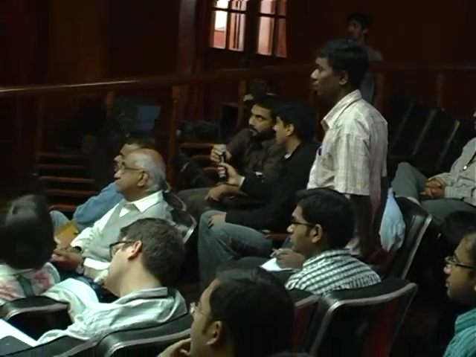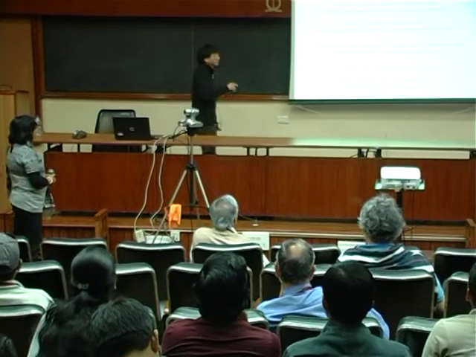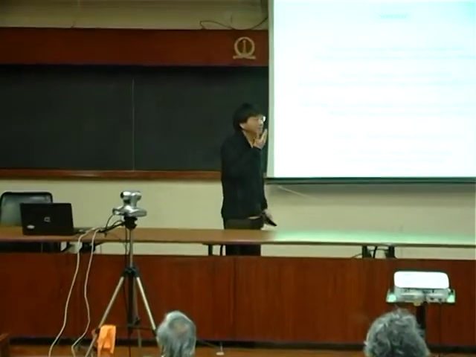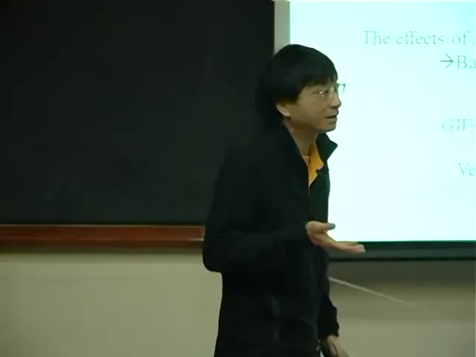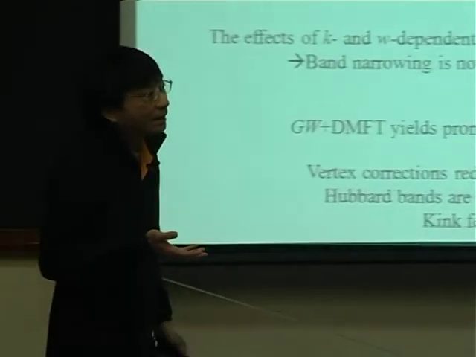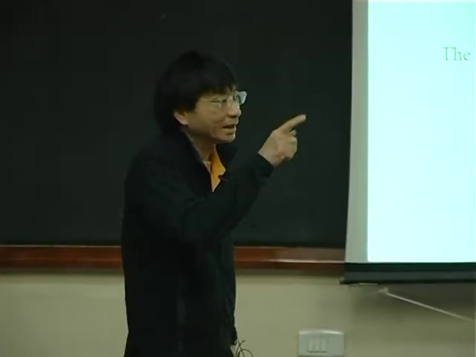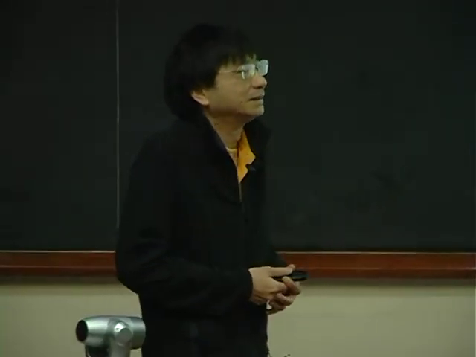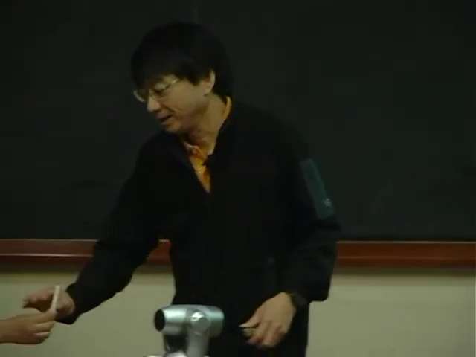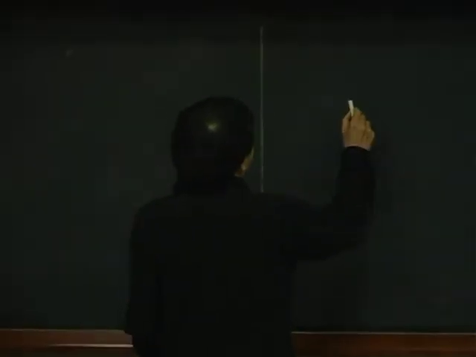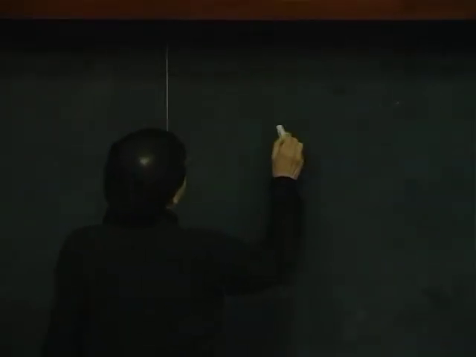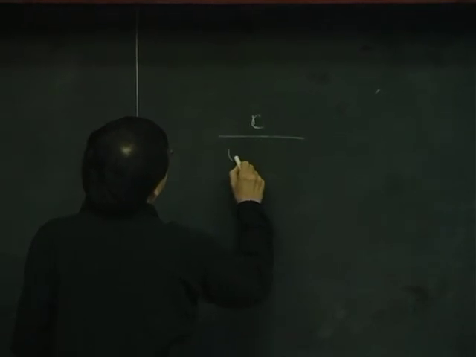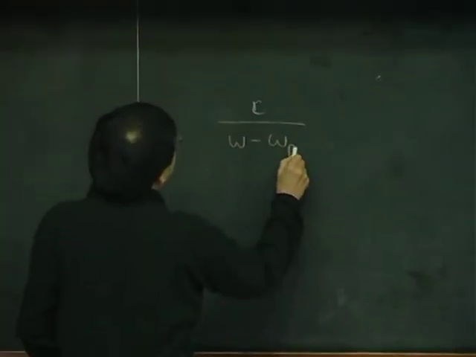Yeah, so basically if you make, for example, a plasmon pole approximation, then you get 1 upon omega minus omega p. That will be the simplest. Okay, so you have some weight here, omega minus omega plasma.